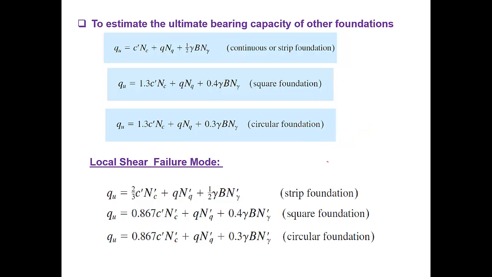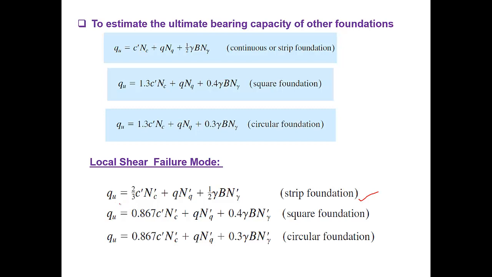If you have the idea about the general shear failure, then for the local shear failure they also develop the equations. You just need to adjust some factors. Have a look at this local shear failure for the strip foundation, that means the continuous one.